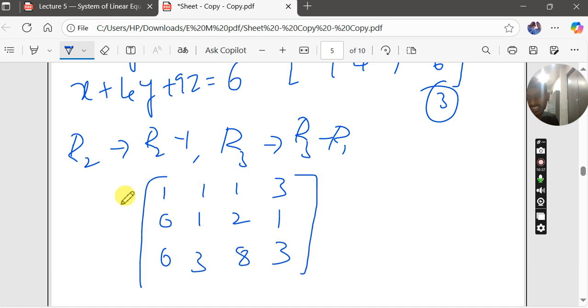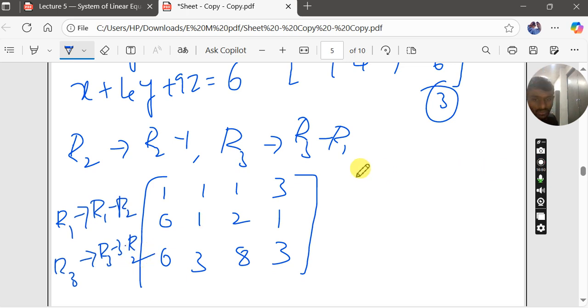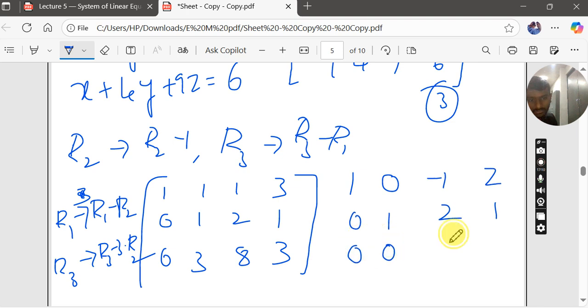Next I want to make here 0, that implies R1 implies R1 minus R2, and similarly R3 implies R3 minus 3 times R2. So it will be 1 0, minus 1 and 2. So here it will be the same, and here 0 0 2.